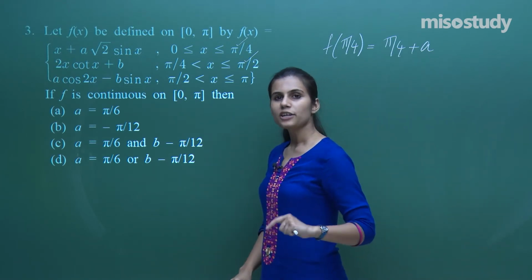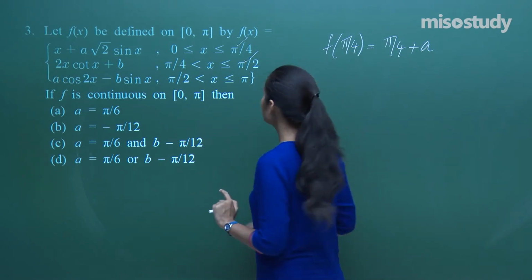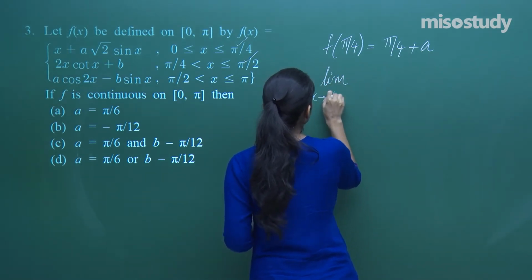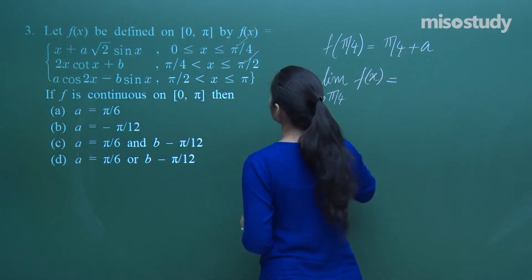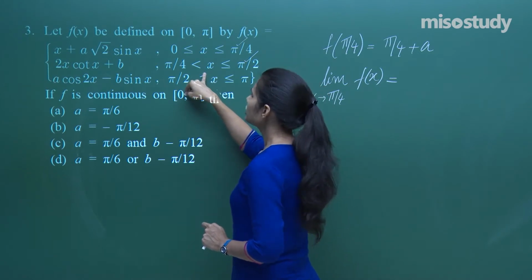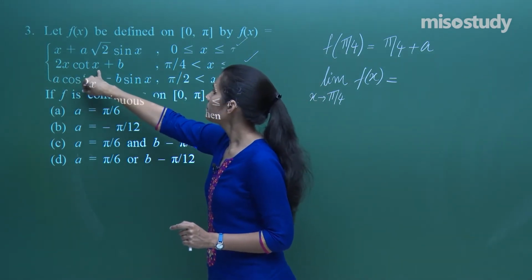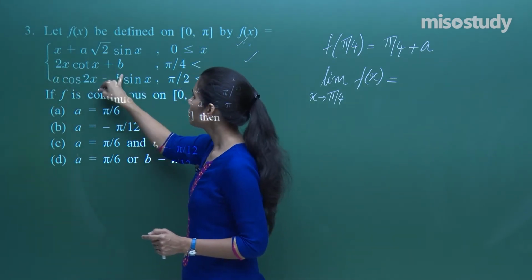Value of the function at pi by 4 is same as limit as x tends to pi by 4 of the function, right? So what is limit x tends to pi by 4 f of x? Both of these will be equal. So as x is approaching pi by 4, I am getting 2x cot x plus b, that is 2 pi by 4 cot pi by 4 plus b.